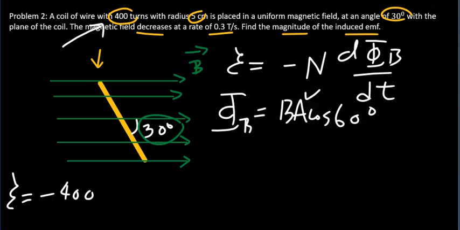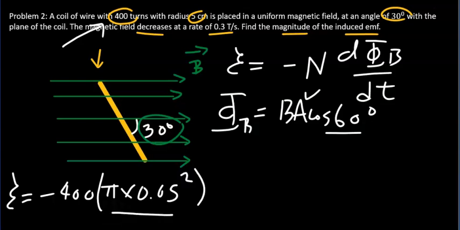The area A is constant and the angle does not change. The area is pi times the radius, which is 5 cm, changed into meters, 0.05 meters, squared. This is a circular surface area, so that's A.